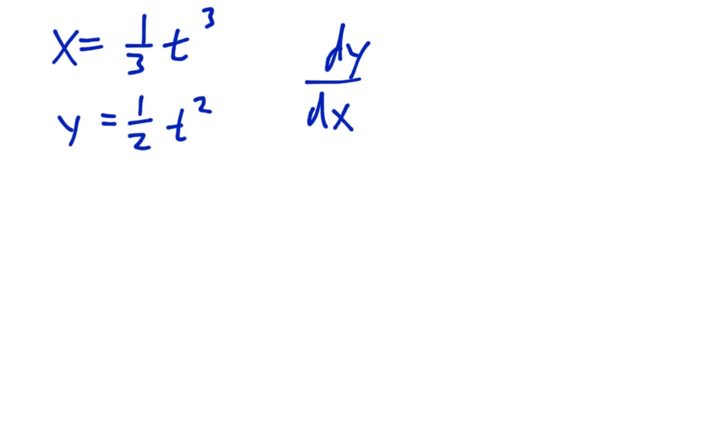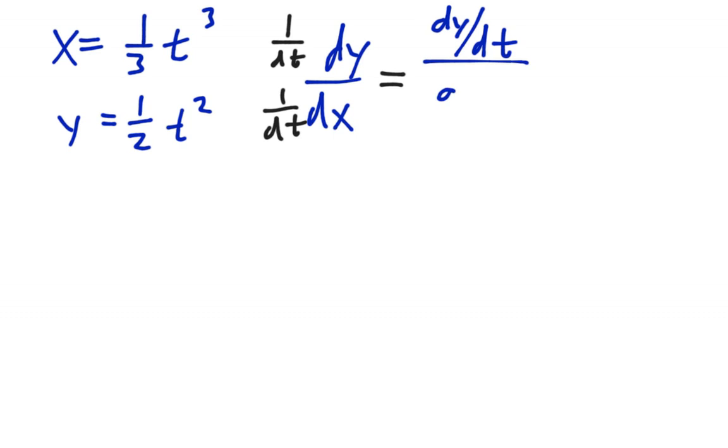Well, x is no longer the independent variable, so what we need to do is essentially multiply each of the top and bottom of this fraction by 1 over dt, and then rewrite it so that the fraction becomes dy dt divided by dx dt.